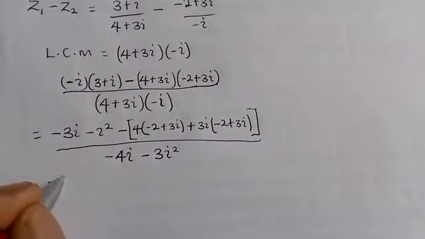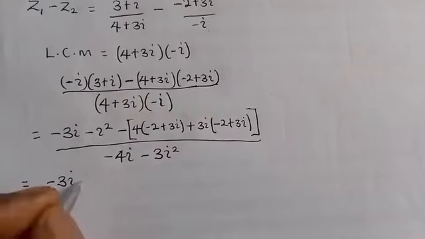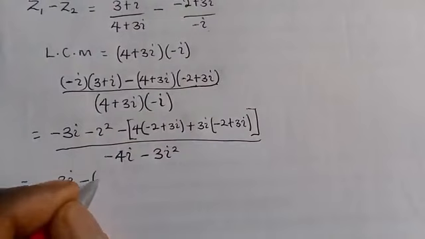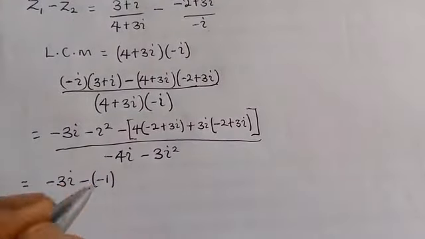And that's equal to -3i, minus i squared is... i squared is negative 1. So we have negative 1 here.